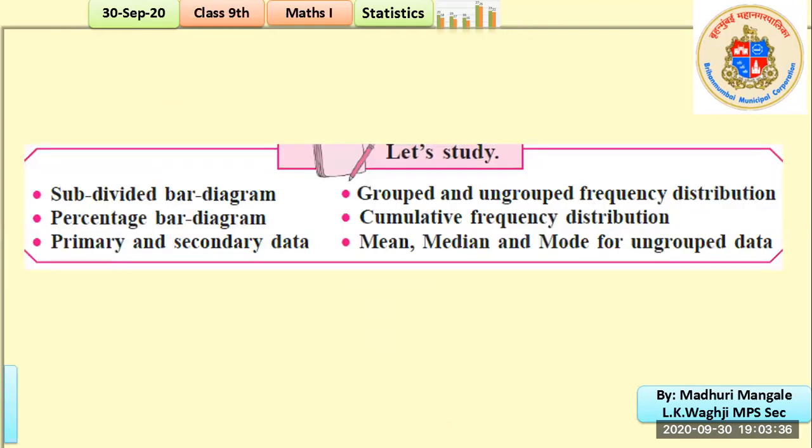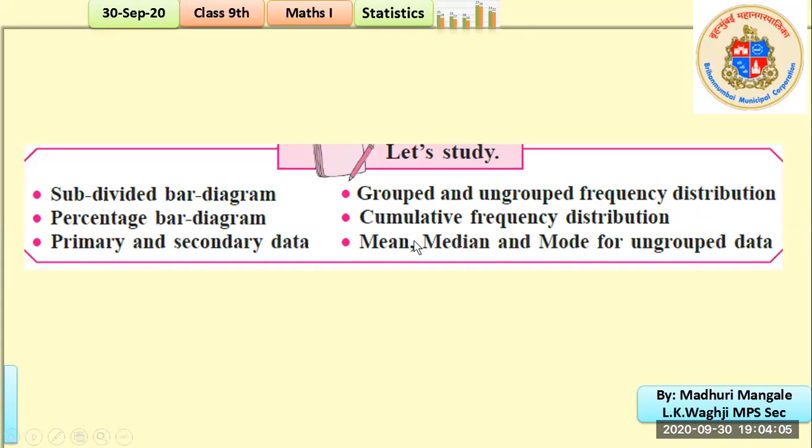And now let us start with what we are going to do in class 9th in this chapter, statistics. First we will be looking at subdivided bar diagrams and percentage bar diagrams. Then we will be looking at what type of data is there, primary and secondary data. Then using that data, we will be studying grouped and ungrouped frequency distribution.